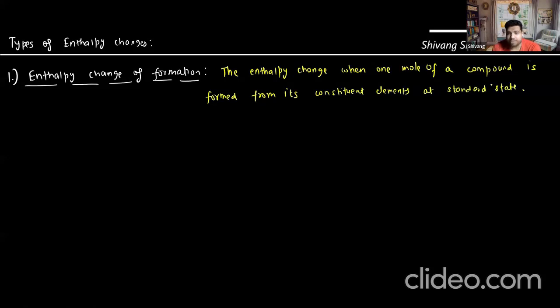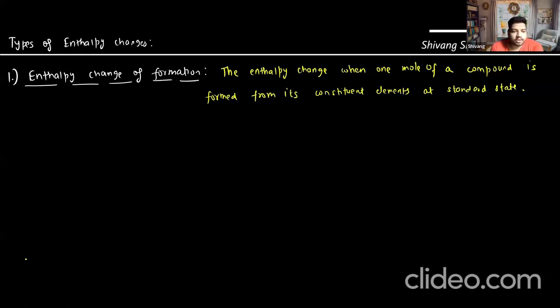Standard state should be there. What is standard state? Standard state is your atmospheric pressure, room temperature, like the pretty standard conditions. We are not increasing temperature or pressure. Normal conditions that you have around you are your standard conditions.